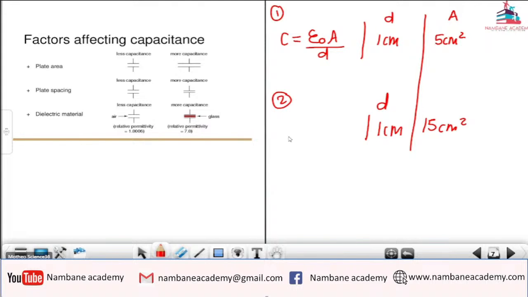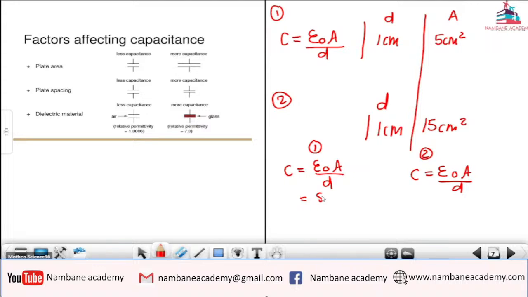If you put this into your calculator, you can solve it even. You can say that this is for capacitor 1, and this formula is going to be for capacitor 2. So in other words, what am I saying?